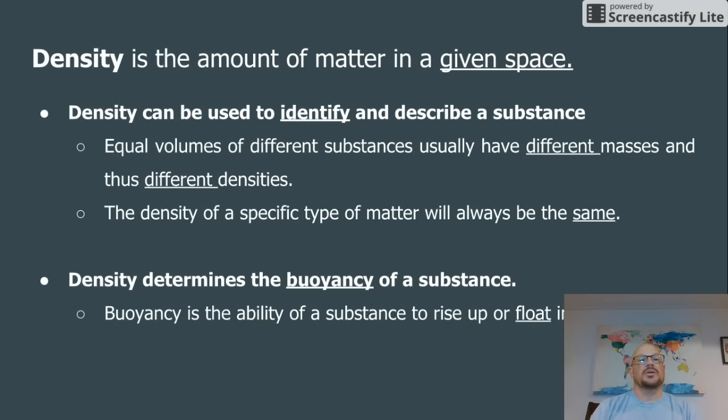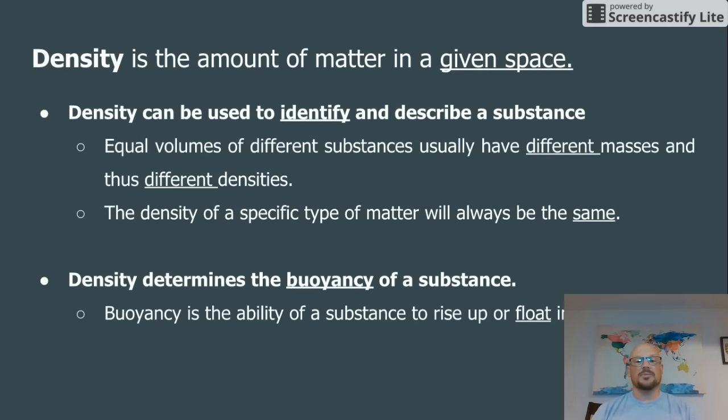As we identify and describe these substances, it's important to notice that equal volumes of different substances usually have different masses and thus different densities. The density of a specific type of matter will always be the same. Whether you have 1 cup of water or 1 gallon of water, the density of that water is going to be the same.